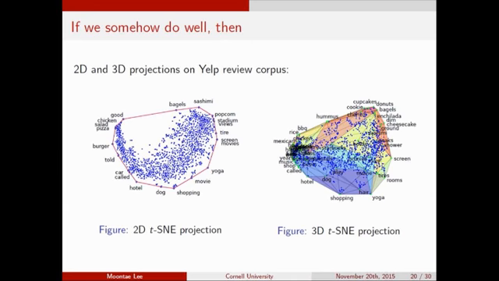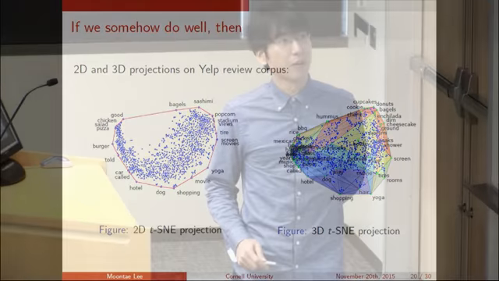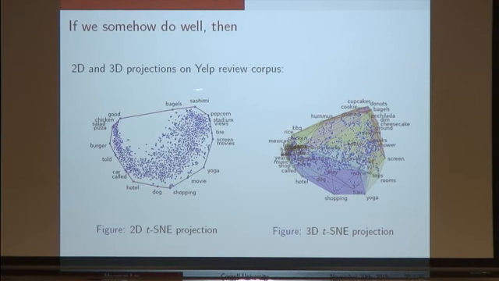I will show some visual examples of those anchor words. This is a 2D projection of the small Yelp Academy corpus. It illustrates the word co-occurrence space, and the anchor words correspond to the vertices of the convex hull.